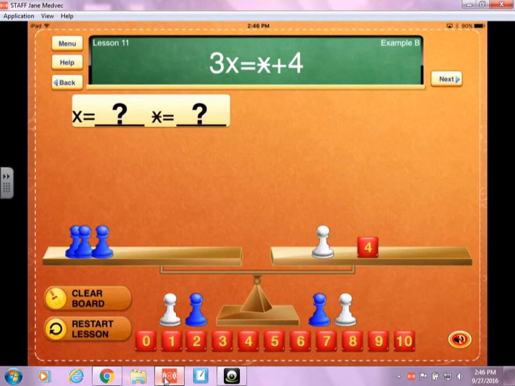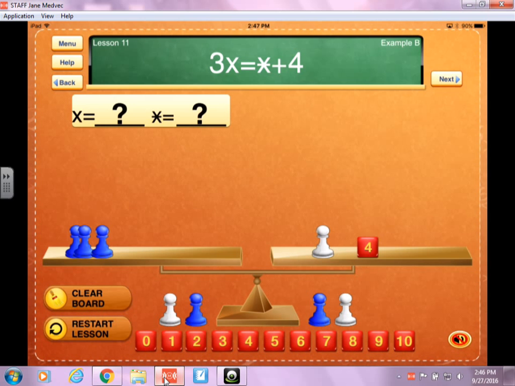Remember, I want to make sure that all my pawns are on one side and all my numbers are on the other side. So I want x equals, 10, or x equals 15. And so I've got a problem. Do you notice I've got a star right by that 4? I can't take anything away, but I can add something.